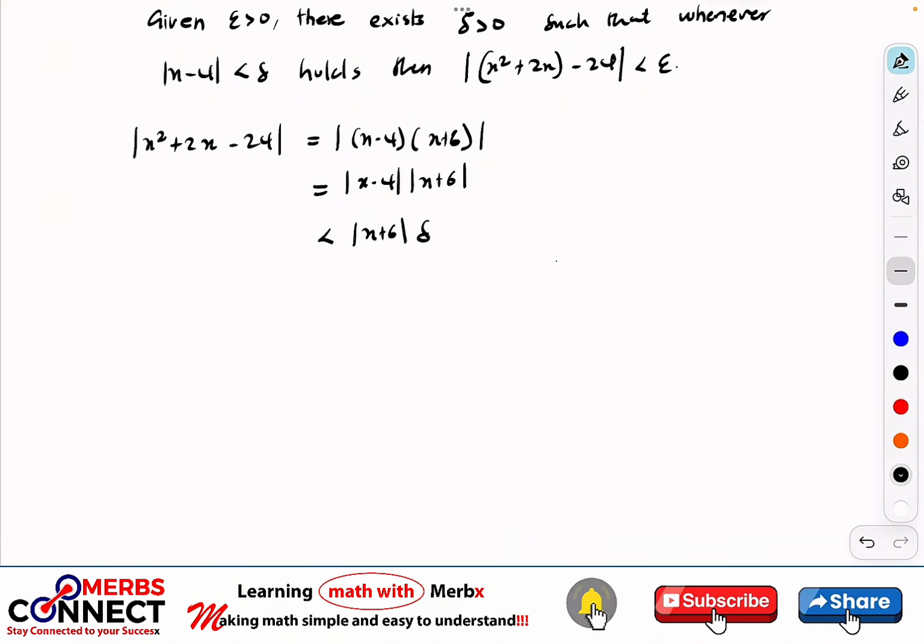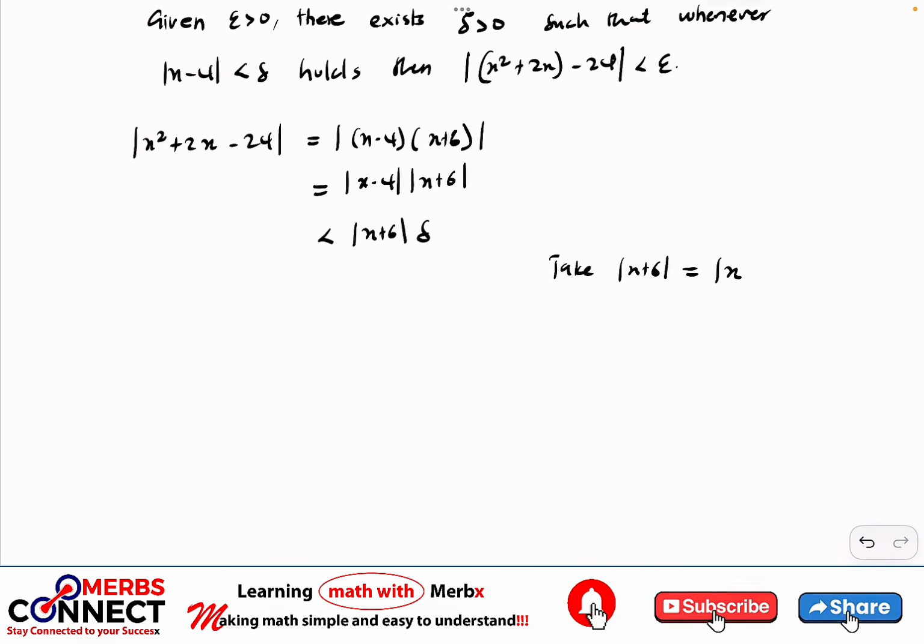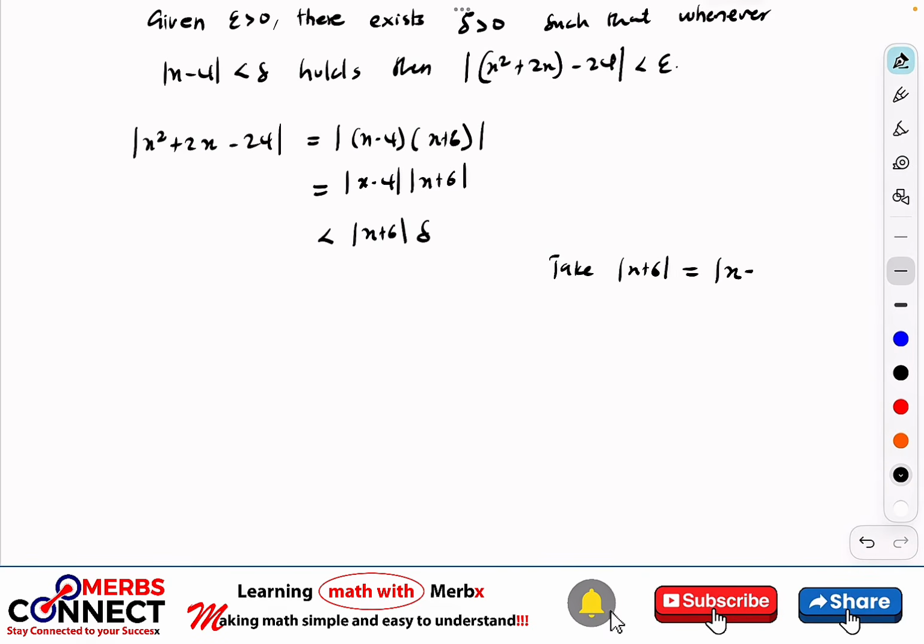absolute of x plus 6, and this is the same as absolute of x minus 4, so I'm going to write x minus 4, but I need to add something to minus 4 so that I get my 6, and this is going to be basically plus 10. Good.